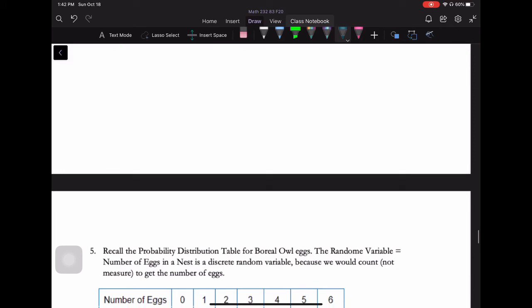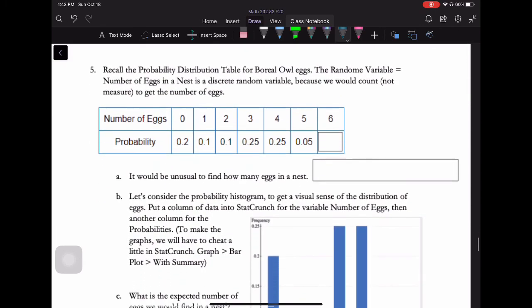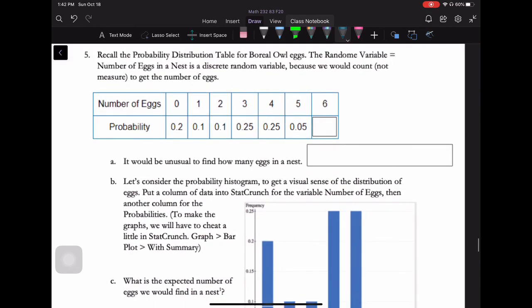Okay. The probability distribution from the owls that we just recently worked with is a discrete random variable because we can talk about the number of eggs. There's either 0, 1, 2, 3, 4, 5, or 6. Now remember, to be a probability distribution, each probability has to be between 0 and 1, and the total has to be one whole.